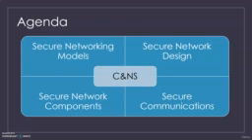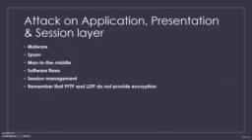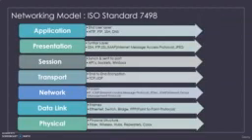First is secure networking models. In this session, we'll be discussing this first one, the secure networking model. So let's start with it. To understand more about the secure networking models, we'll be referring to the ISO standard 7498. This is a standard that defines the Open Systems Interconnection, that is the OSI model.